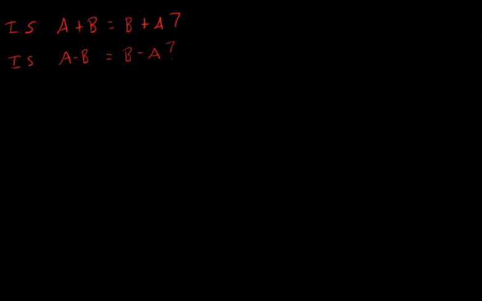Now, simply put, you can make up whatever matrices you want for A and B. So A, we might call 1, 4, 3, 2, and maybe matrix B we'll call 2, 3, 0, -1.